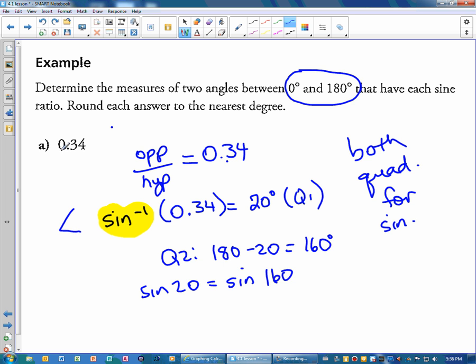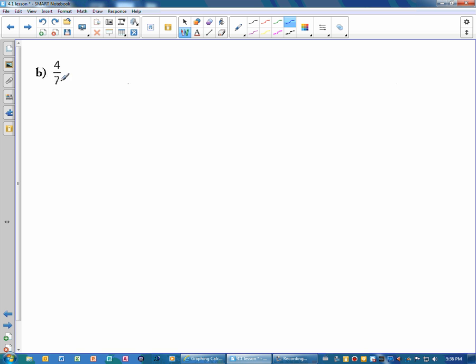Okay, so this one was 0.34. They'd already done the division for you. In the second example, they're saying that the ratio was 4/7. So if we had a right angle triangle, oh boy, I'm drawing. We had a right angle triangle, and this was the reference angle. Sine is opposite over hypotenuse. That's what they're saying is happening, okay?